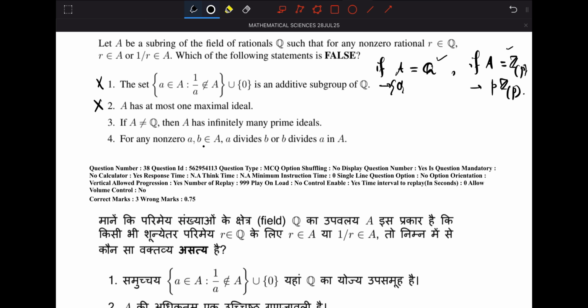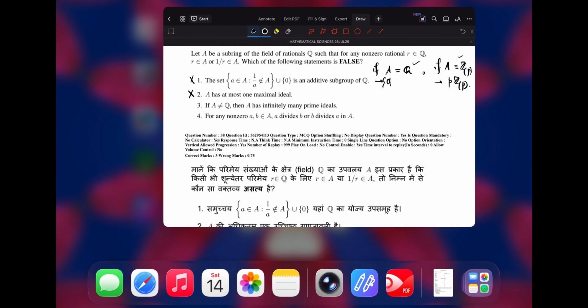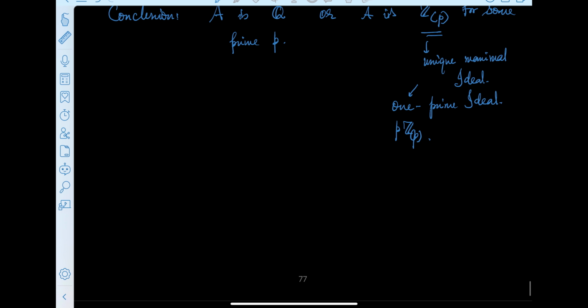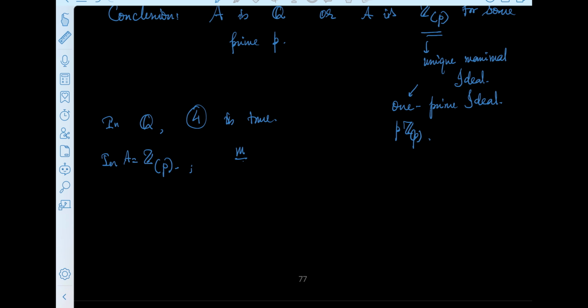For any non-zero a comma b in A, a divides b or b divides a in A. So let us just prove that. So in Q, the option 4 is true trivially. So in Zp, when A equal to Zp for a prime p, let us say m by n is inside Zp, m prime by n prime is inside Zp.